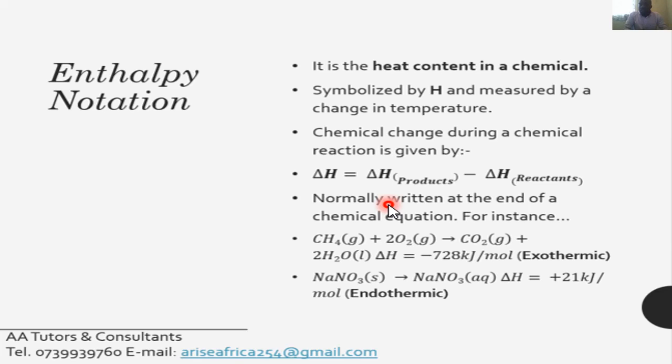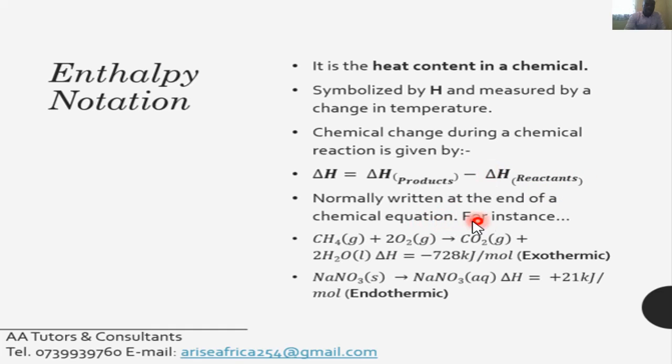If you want to relate the energy of products and the energy of reactants, we relate them using this equation. The equation is delta H, where delta means change and H means enthalpy. So the enthalpy change is given by the enthalpy of the products minus the enthalpy of the reactants.